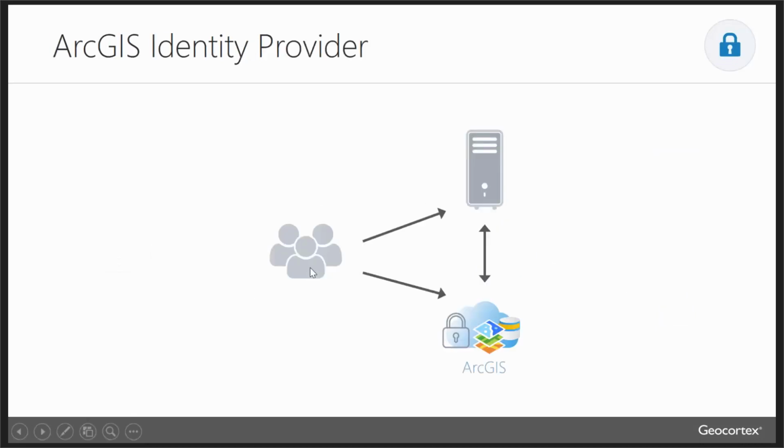Okay. Now taking that generic concept and applying that specifically to ArcGIS, it's just swapping out that part of the diagram that had the lock for the entire ArcGIS ecosystem. So it works the exact same way. It's just you get a lot more with an ArcGIS identity.